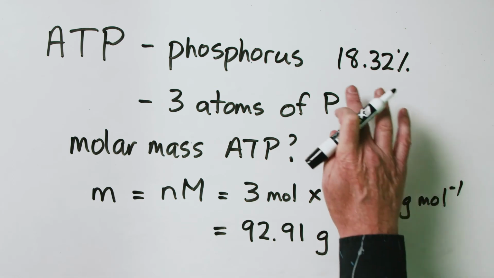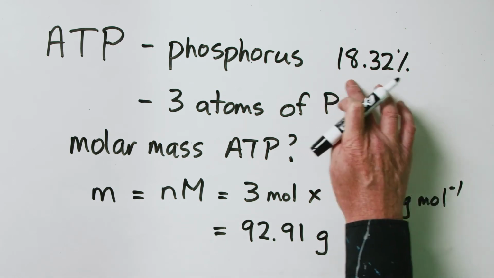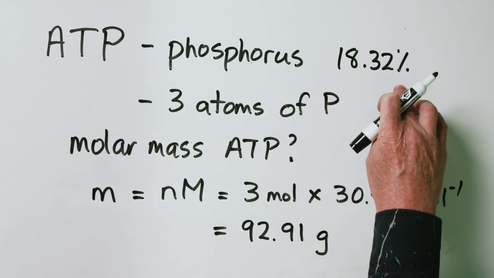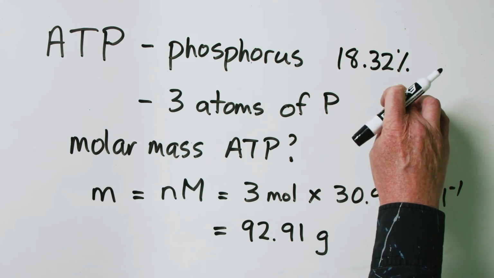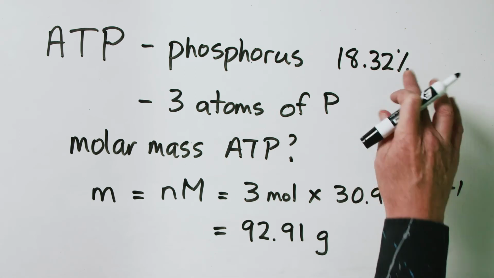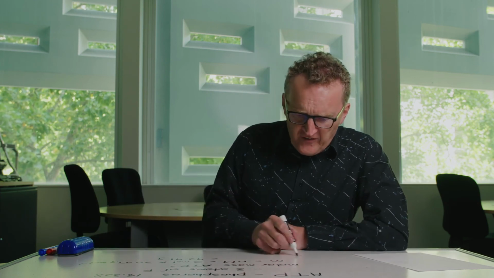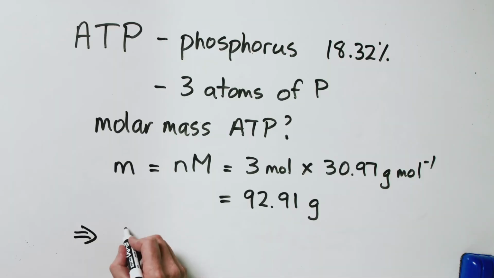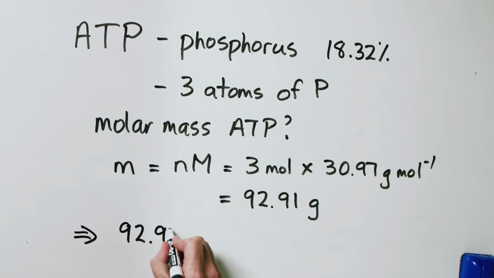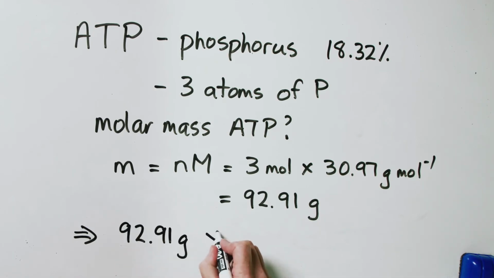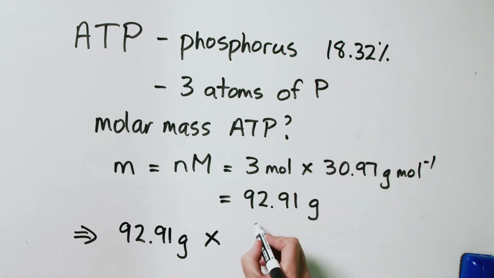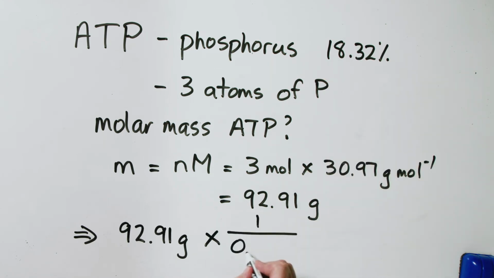Now, we're also told that the phosphorus constitutes 18.32% of the mass of ATP. So in other words, 92.91 grams is 18% of the total mass. Therefore, to get the total mass, let's take 92.91 grams multiplied by 1 over 0.1832.